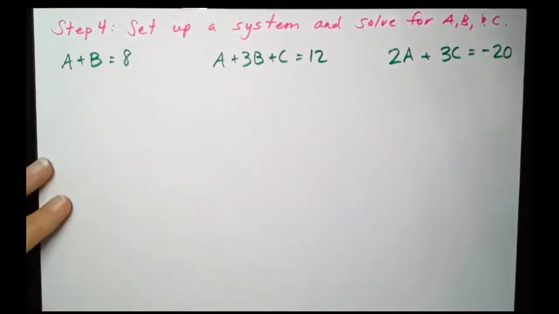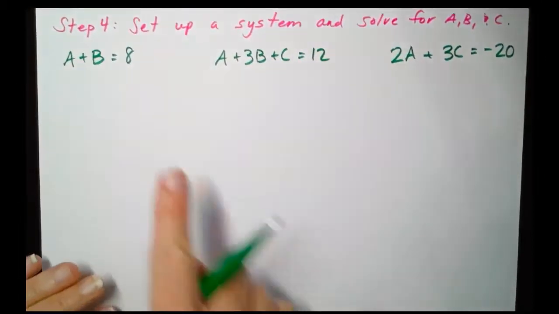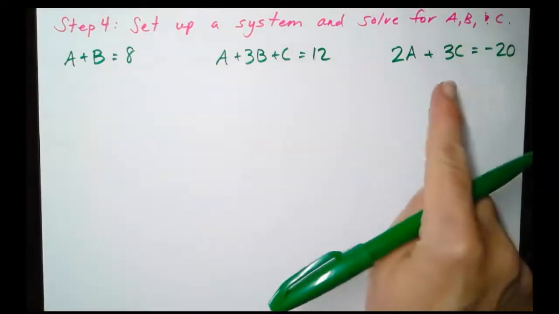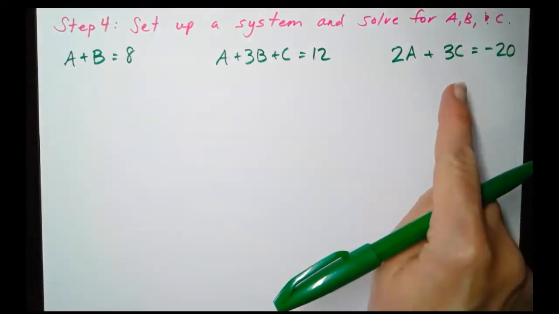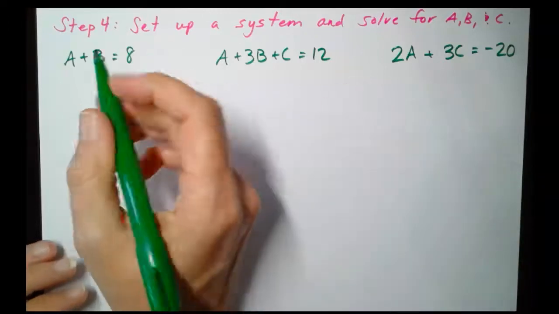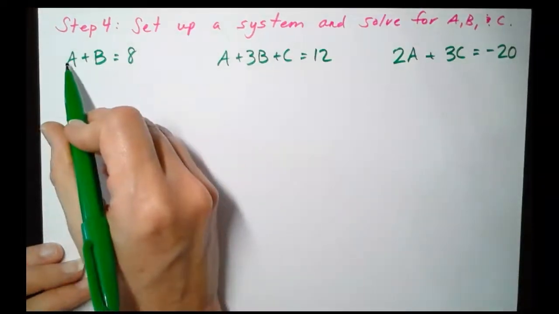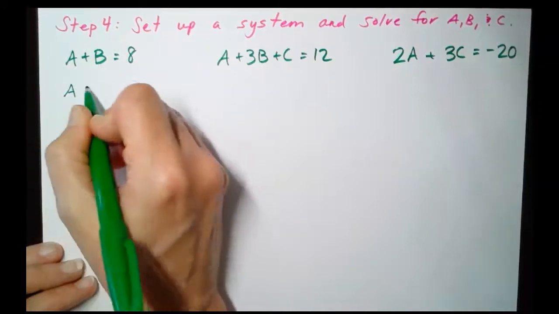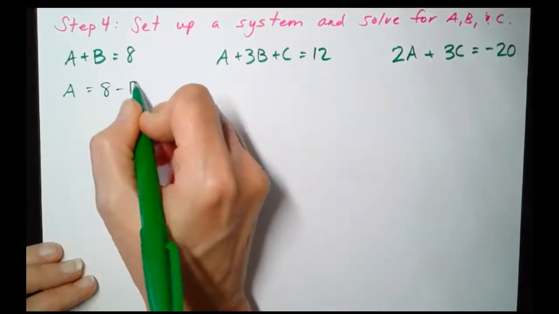Now we need to make a plan. So this equation is missing C. This equation is missing B. So it would make sense that maybe we need to solve this equation for A in terms of B. So A equals 8 minus B.